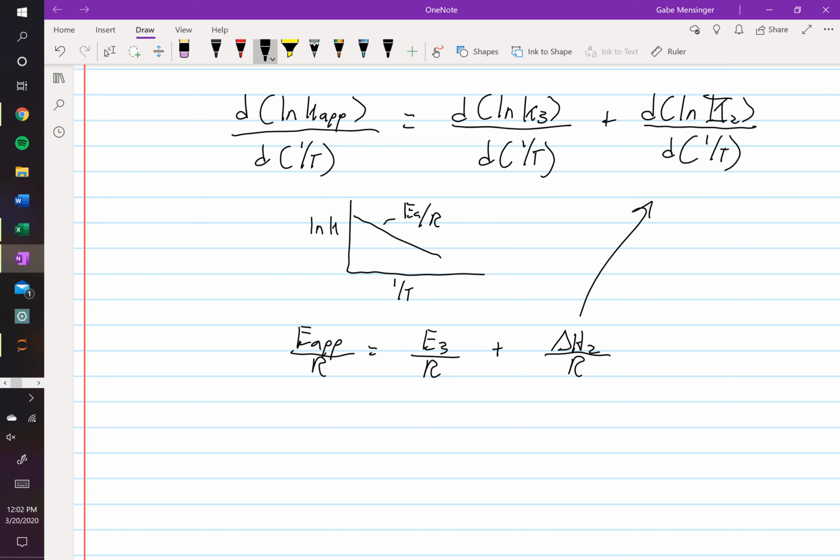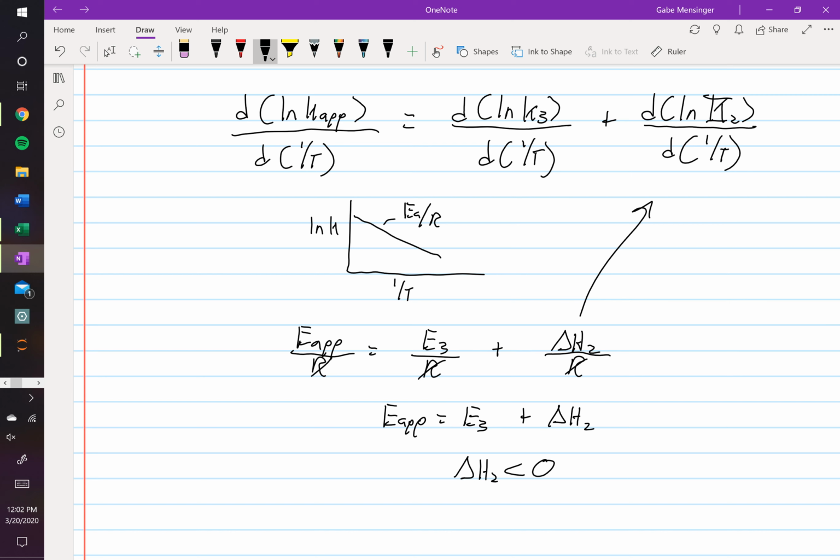That cancels out all our R's, so we end up with the activation energy and delta H2, which is less than 0. It's an exothermic reaction.